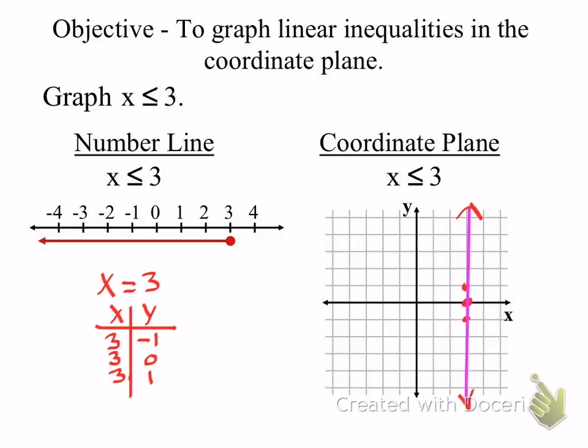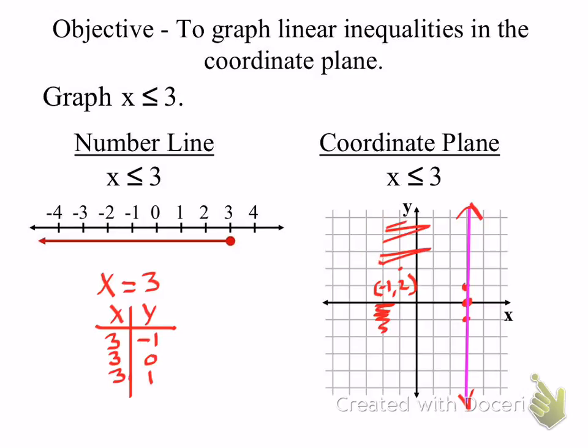But when it's an inequality, it means any x less than 3. So that could be a point like -1, 2. Would that satisfy this inequality? Yes, because -1 is smaller than 3. So you've got this whole area.